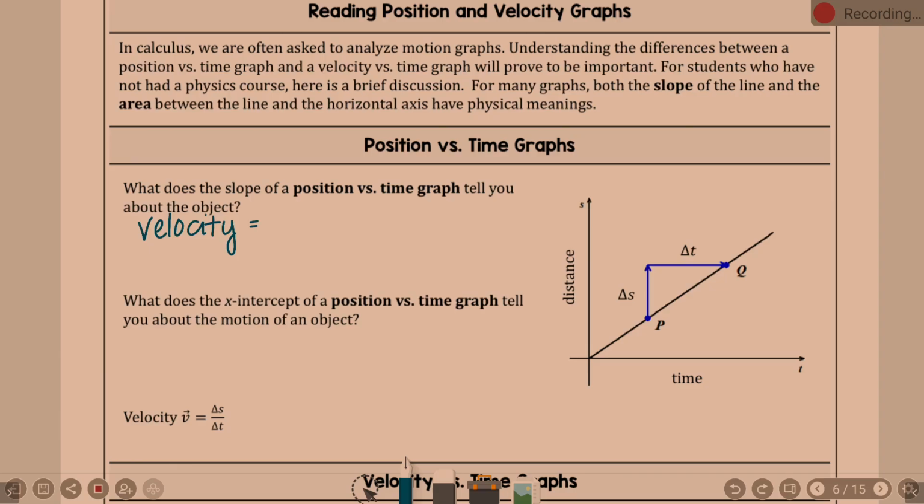One way I can think about this: slope is change in y over change in x. Change in y right here is change in the distance, so change in s. Change in x is right there, and that's the change in time. So you can think about it as change in position over change in time.